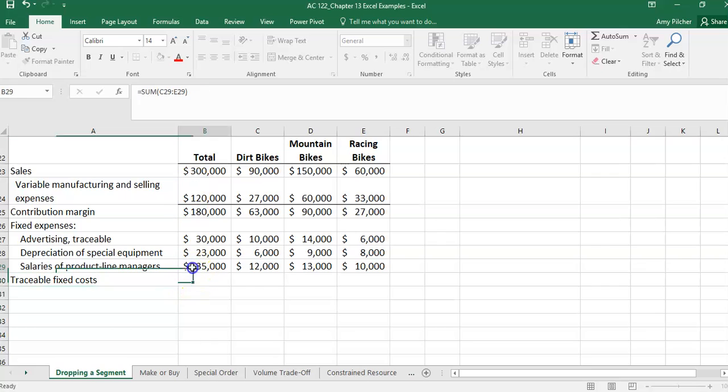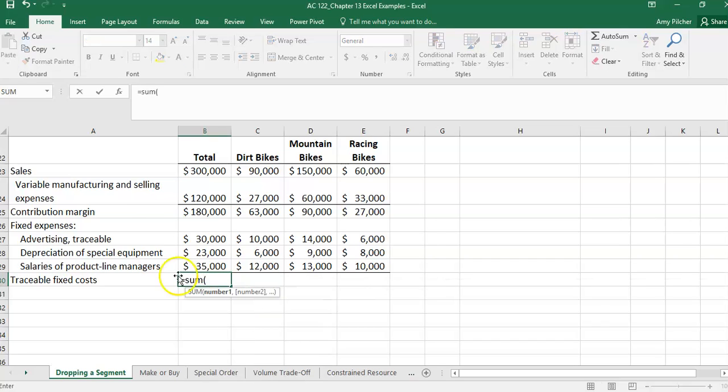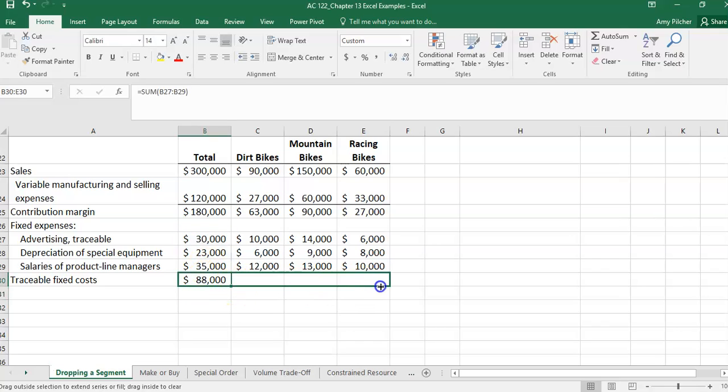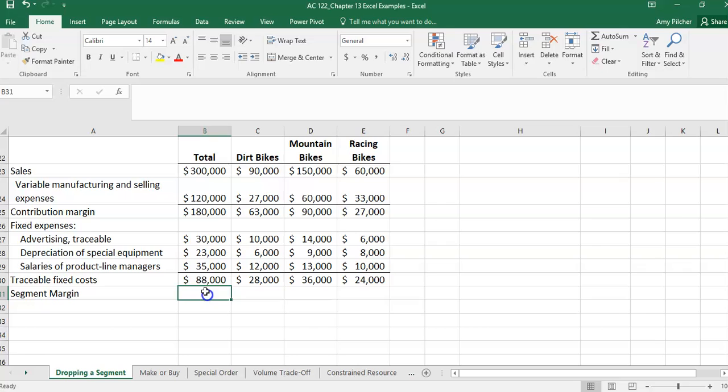So the cost that the manager should be evaluated on. Add those together. And then our segment margin is contribution margin minus our traceable or controllable fixed cost.